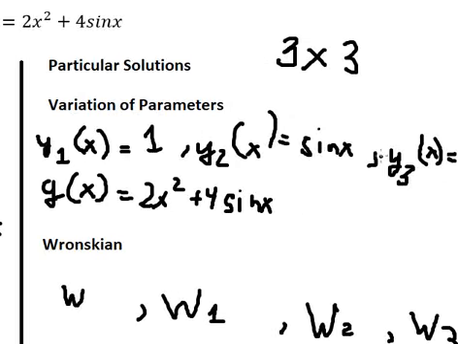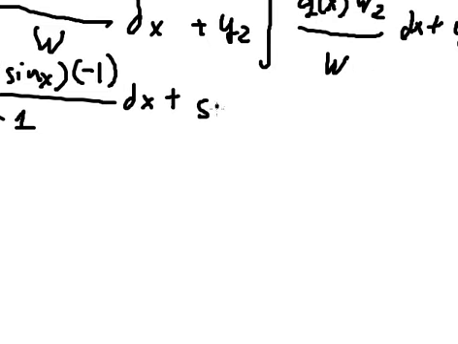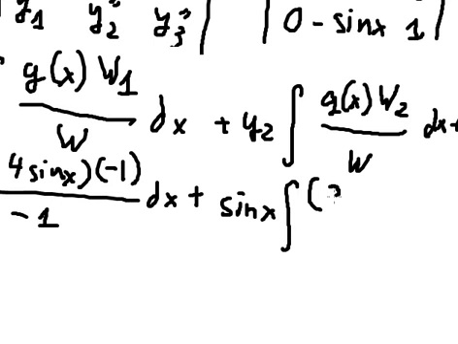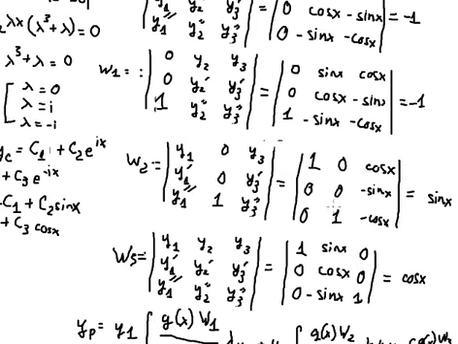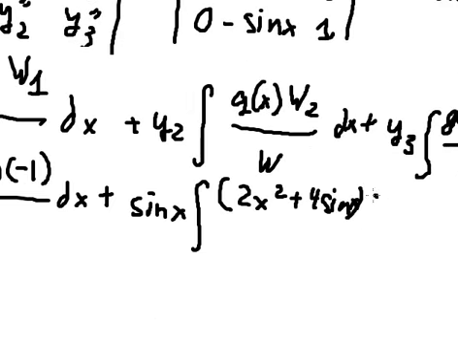Y number 2, that is about sine x. So this one, 3x, that is about 2x squared plus 4 sine x. W number 2, that is about sine x over negative number 1.